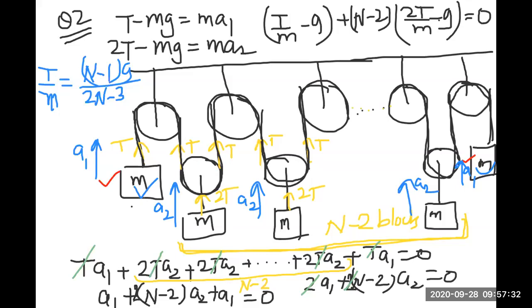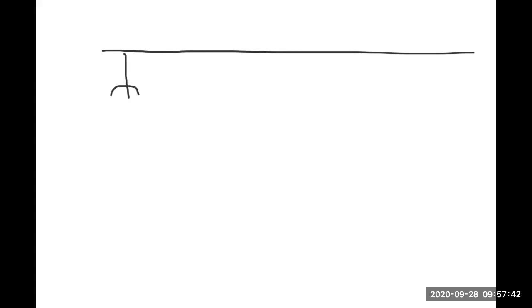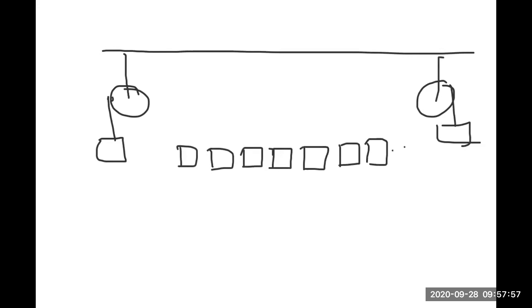So basically we have a system where we have a 1 kg block here and a 1 kg block here, and here we have a collection of 10,000 1 kg blocks.